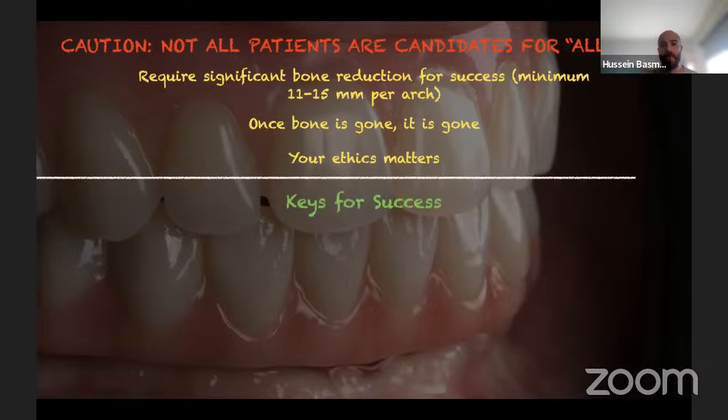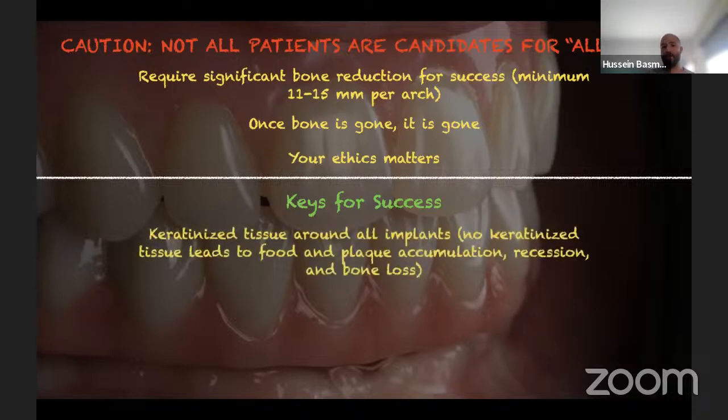You should always think about how old this patient is. If this patient is young, between the 30s and the 40s, and you have to reduce like 10 millimeters of bone to place all-on-4, there have to be some ethical matters here. Ethics should matter, because if anything happens, you are subjecting these patients to a lot of future problems, especially in the mandible.